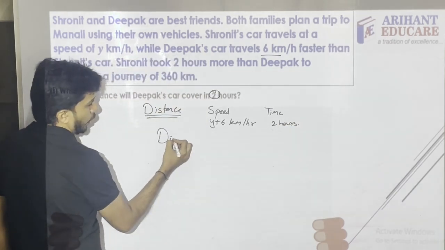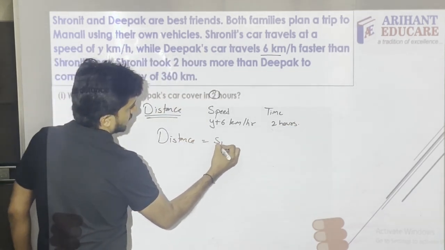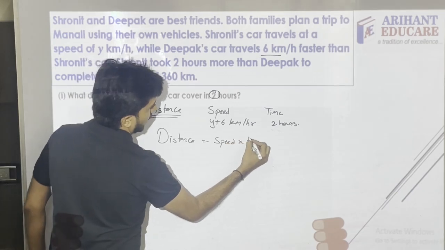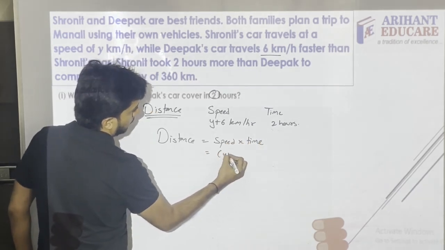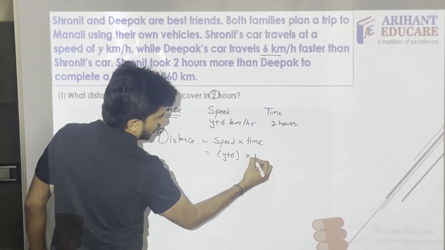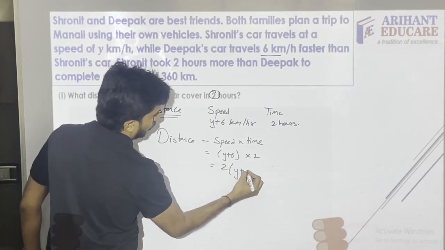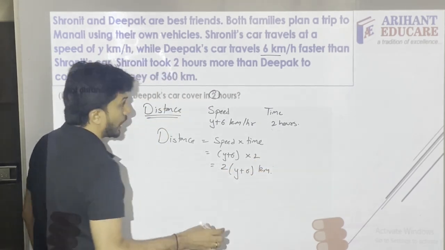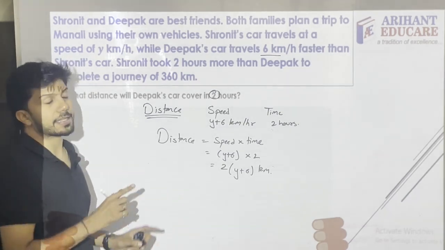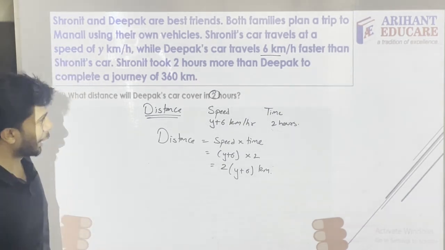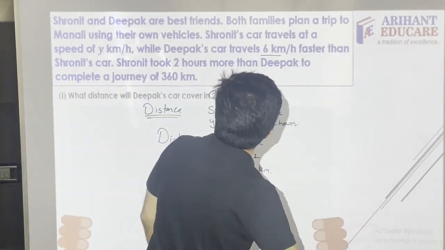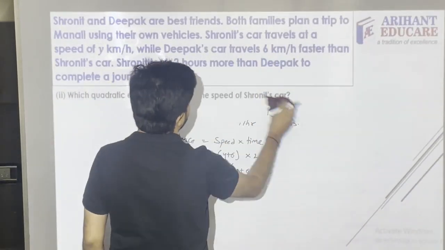Let's see the distance now. So distance equals speed into time. Speed is y plus 6 and time is 2. So distance will become 2 into y plus 6 kilometer. So as per the question asked, the first answer will be 2 into y plus 6 kilometer. That is the distance. Let's see the next question asked on the same.